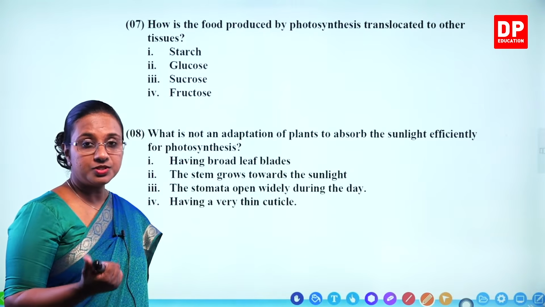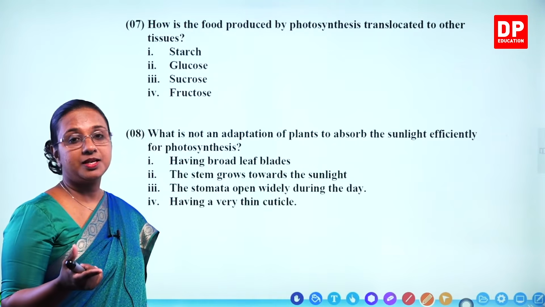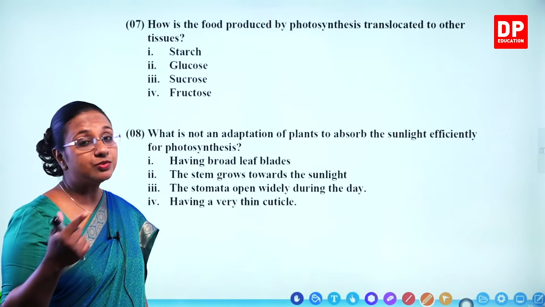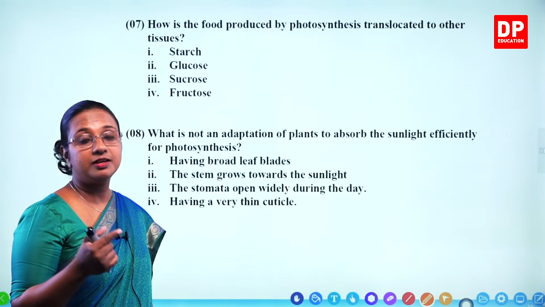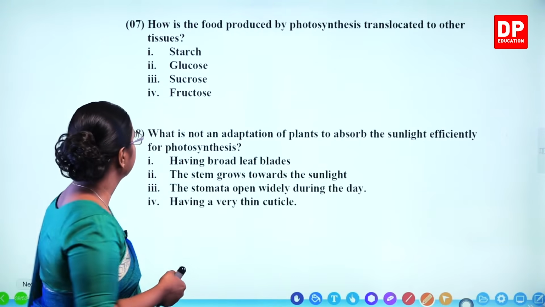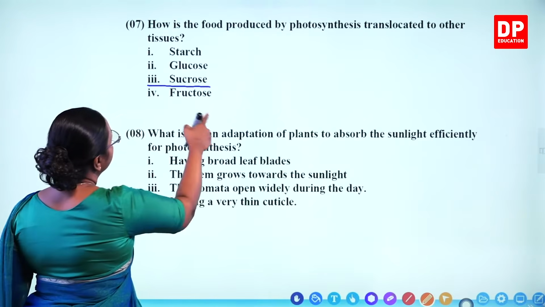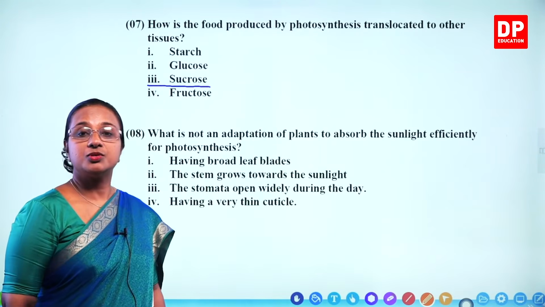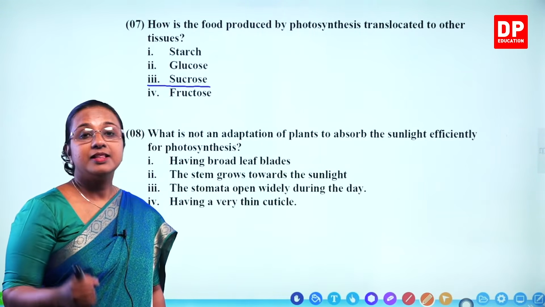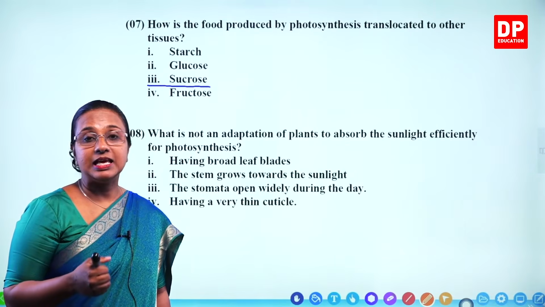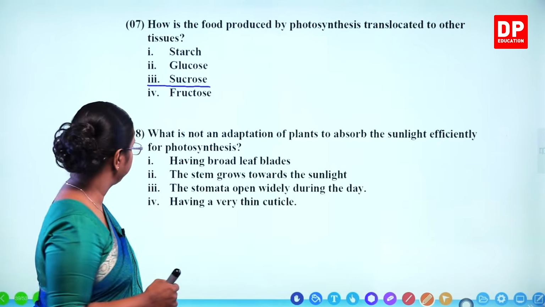Glucose is produced, starch is temporarily stored and sucrose is translocated to the other parts. So, starch, glucose, sucrose. Fructose, this is also a monosaccharide that is present mainly in ripened fruits.